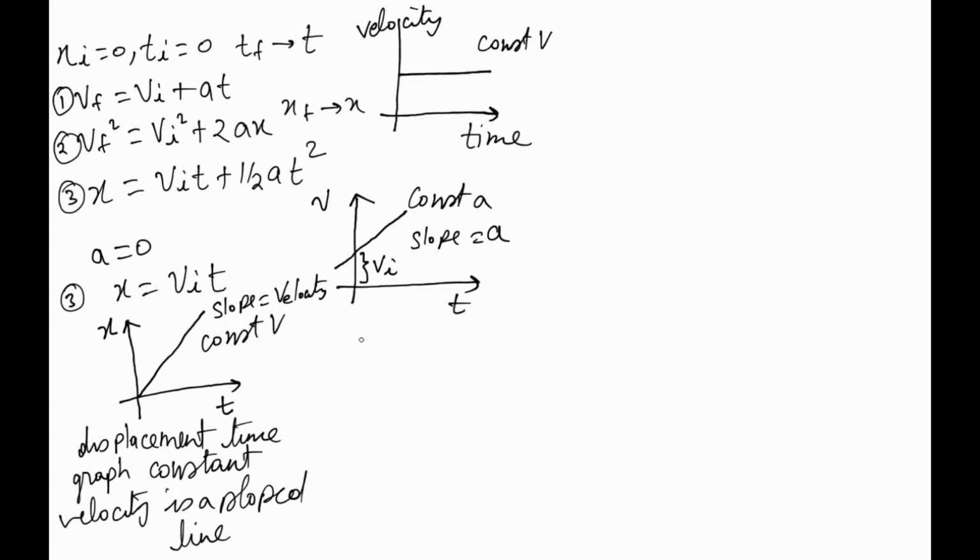Okay, let's see how the same thing, the constant acceleration graph, will look like on a displacement time graph, right? So x is plotted on the y-axis. Now these are just graphs. We are not really trying to define a frame of reference or set of axes to solve a problem. This is just simple mathematical graphs. So please don't get confused with the axis system we were defining in the last few examples.